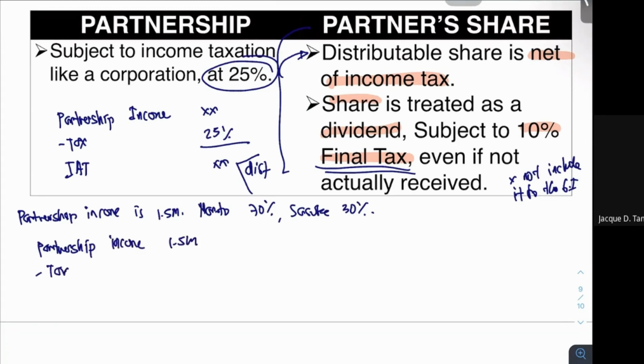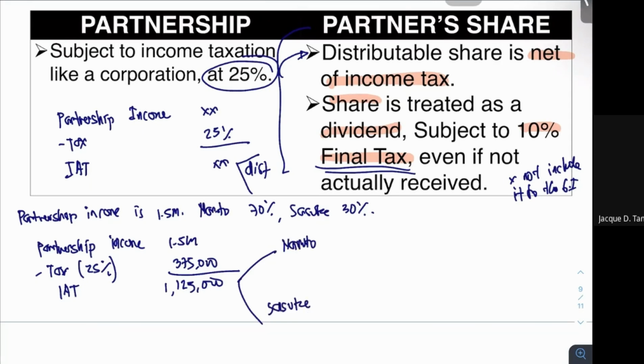You deduct the tax, which is 25%. So 1.5 million multiplied by 25% is 375,000. And the income after tax is 1,125,000. And you will now share it or distribute it to the partners, Naruto and Sasuke.